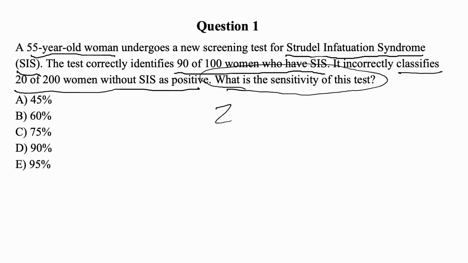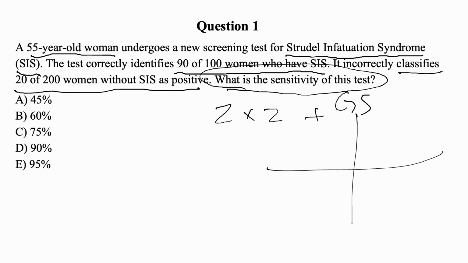So let's make our good old-fashioned 2x2 table. We have our gold standard on the x-axis, and then on the y-axis we have our test, right? Because test is tall. This test correctly identifies 90 of 100 women who have SIS, so that means our true positive is 90. And that means we have 10 false negatives.